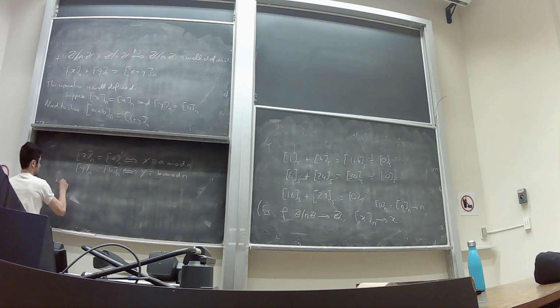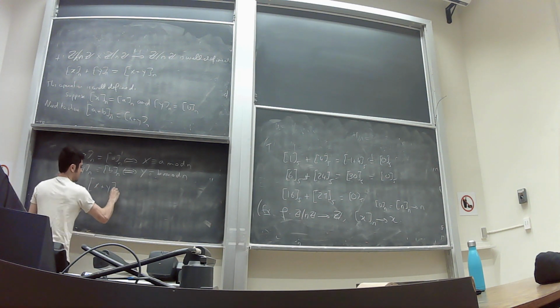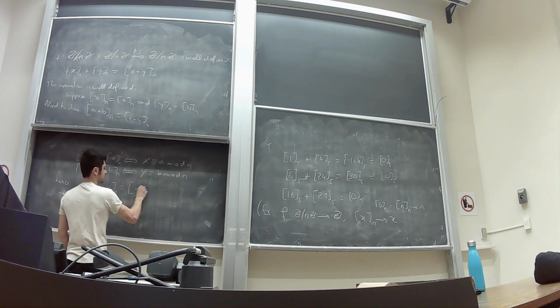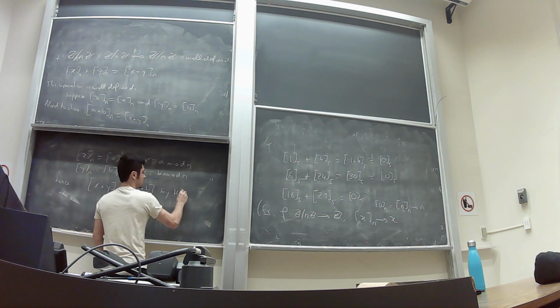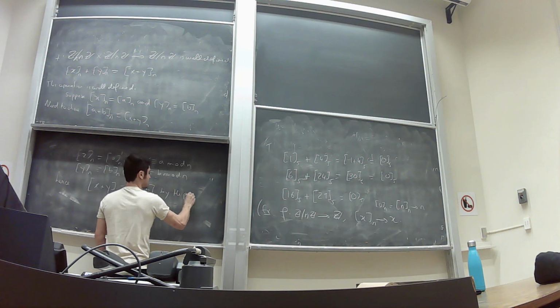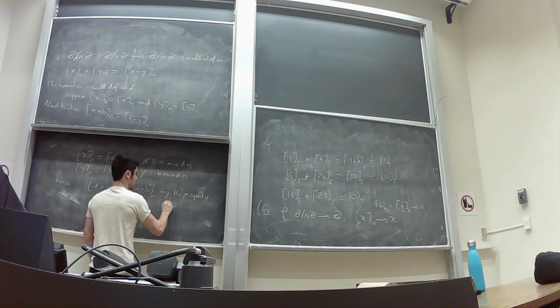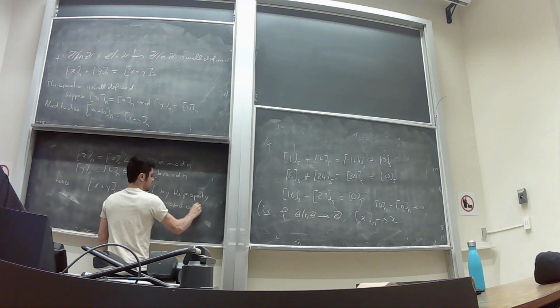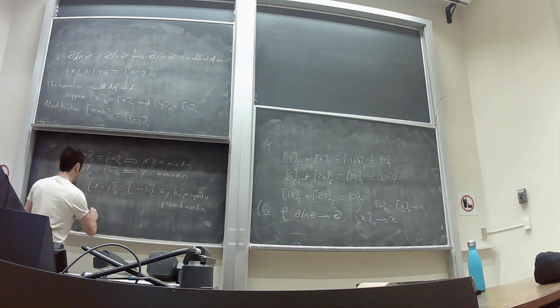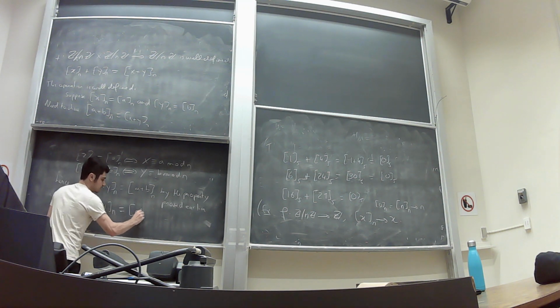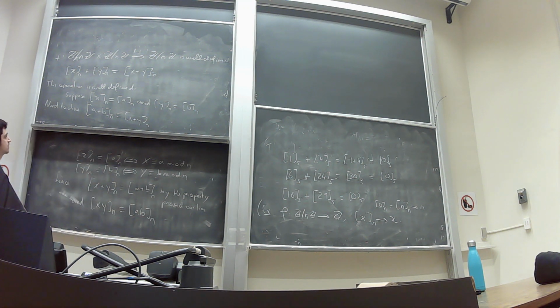Hence, the class of x plus y mod n is equal to the class of a plus b mod n, by the property we proved earlier: if x is congruent to a and y is congruent to b, then x plus y is congruent to a plus b, and xy is congruent to ab by the other property we proved earlier.